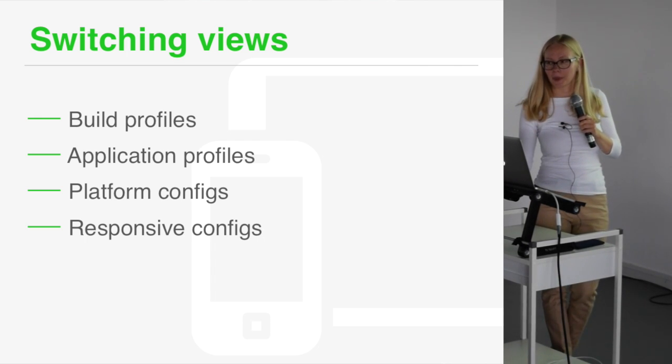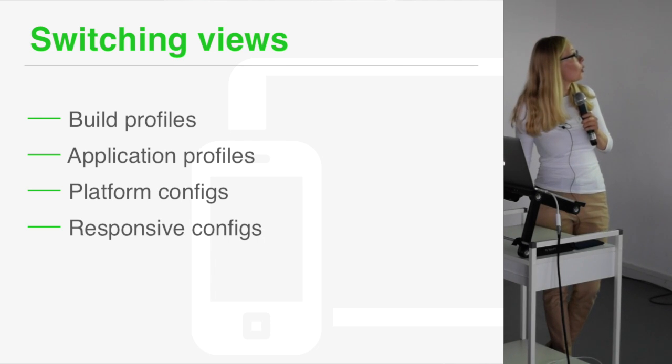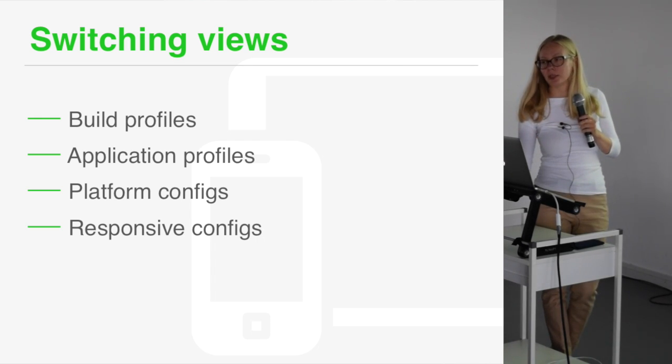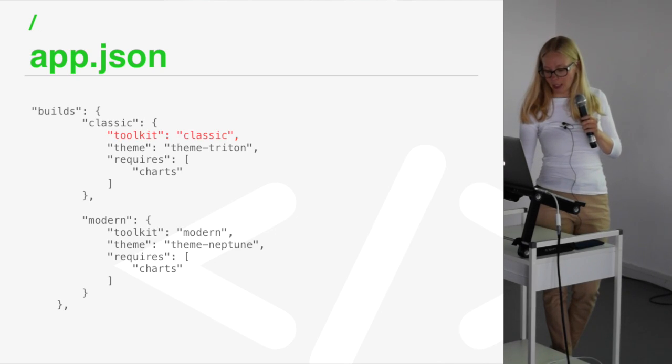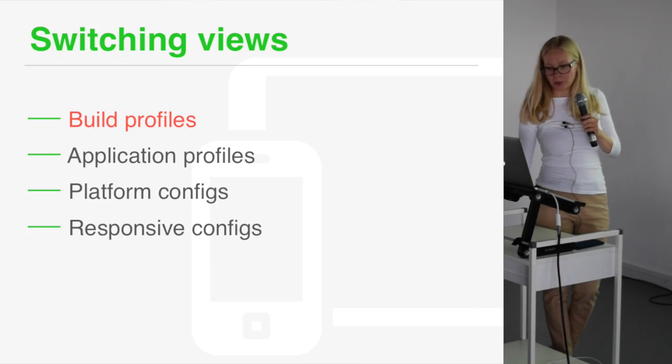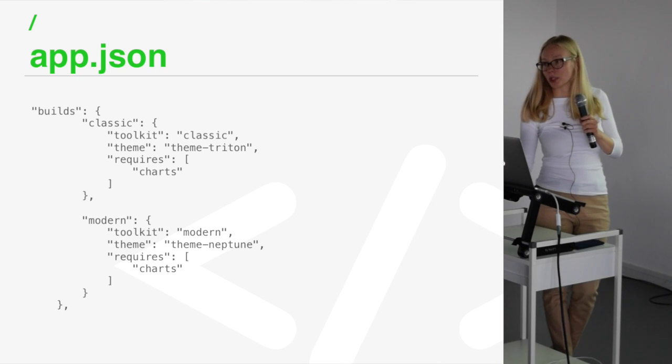And now I would like to show how we can select a specific application view based on the application runtime environment. There are several options: build profiles, application profiles, platform configs, and responsive configs. Build profiles should be defined in a special config file that will be used by Sencha CMD to generate all builds for the application.